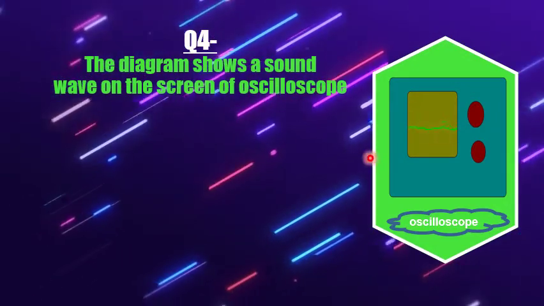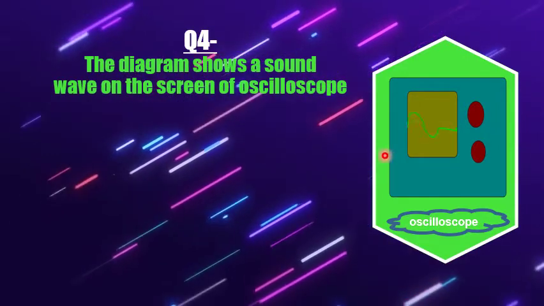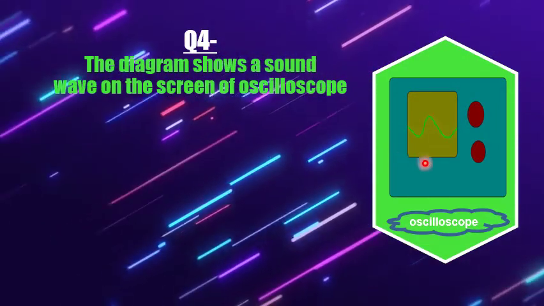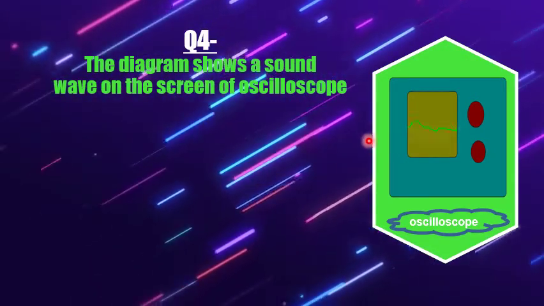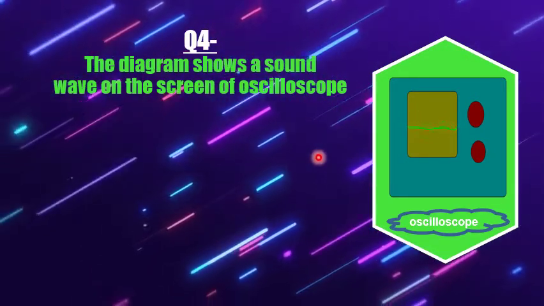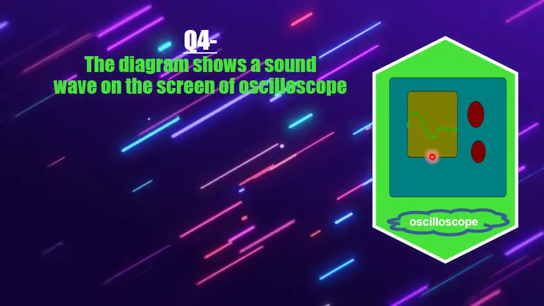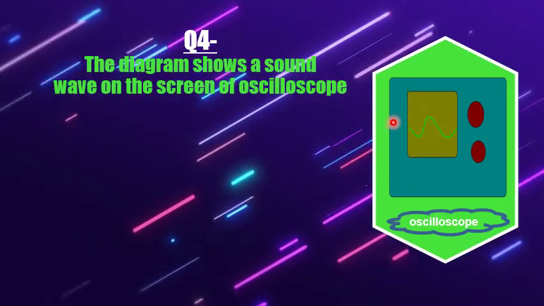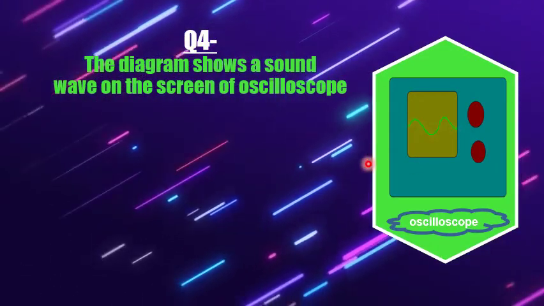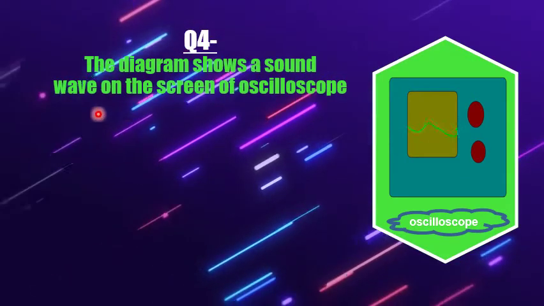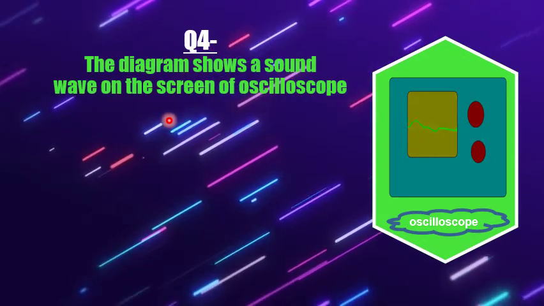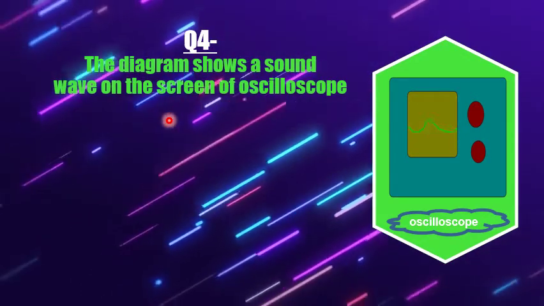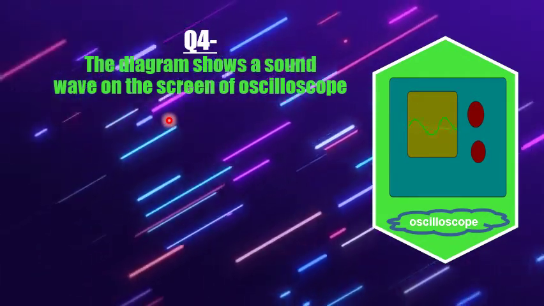When you speak into the microphone, and the microphone is attached to this oscilloscope, it will change the sound into an electrical wave, and you can see the display of the sound on it. This works on a basic principle, that is amplitude, and gives some information. We can study the wave.